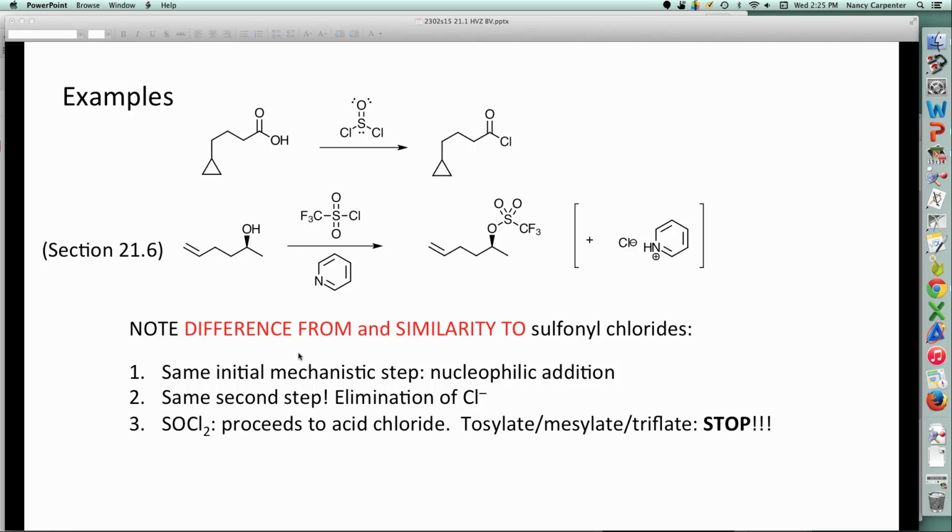But then, for thionyl chloride, the reaction proceeds because you're kicking out Cl minus.